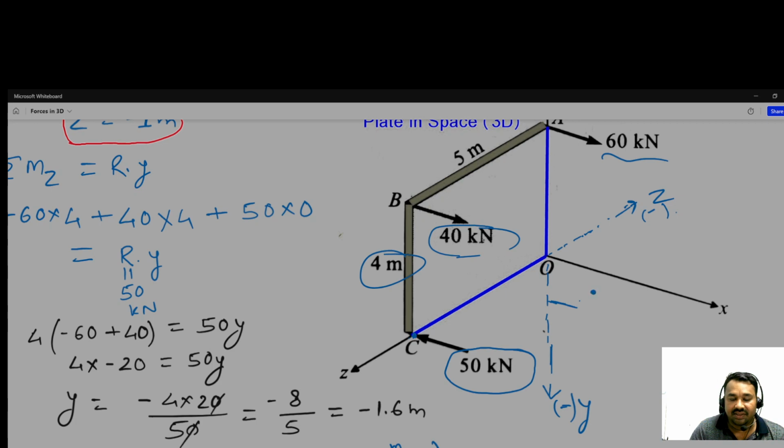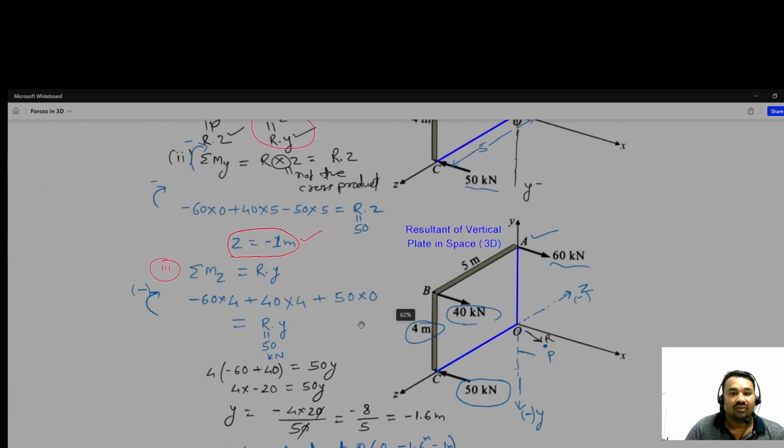So here you can say the P, the resultant, lies in the minus yz plane. In this way we have done this.